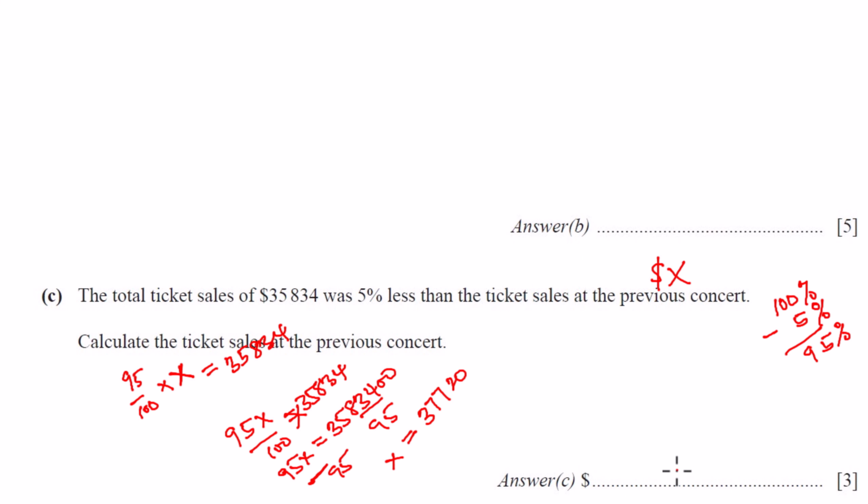So that means the ticket sales from the last concert is, you don't need to put the unit sign again, it's already written here for you, 37720. If you like, you can put 0.00, but it's completely unnecessary. So your final answer is 37720, and you got your full 3 marks for that.